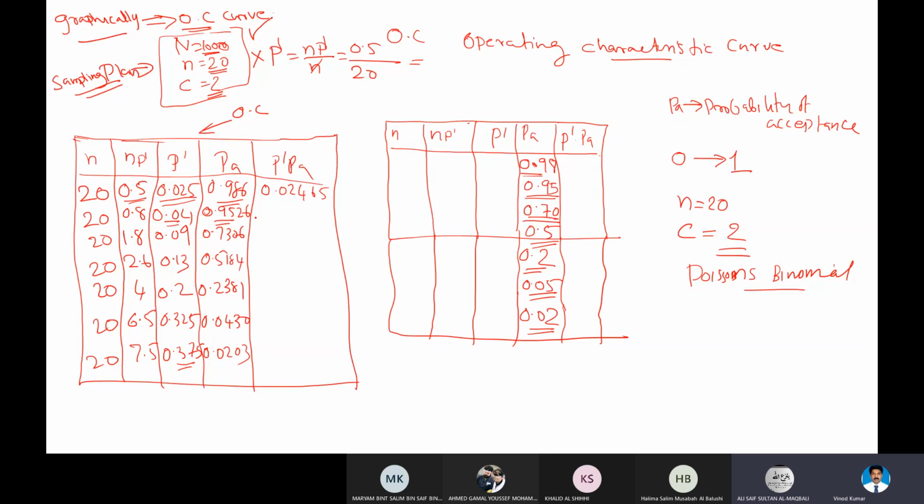Okay, what about the next one? Very quickly, 0.04 and 0.95, multiply these two. 0.038104.